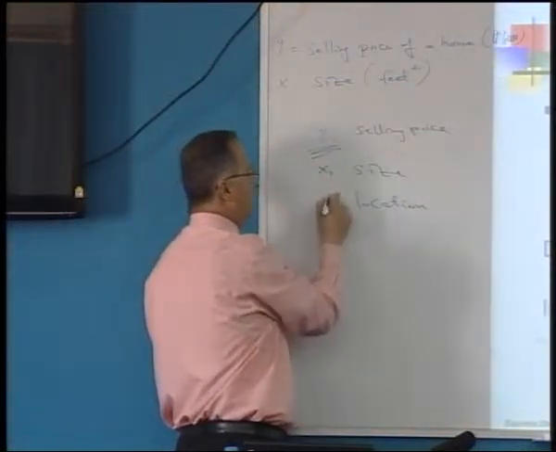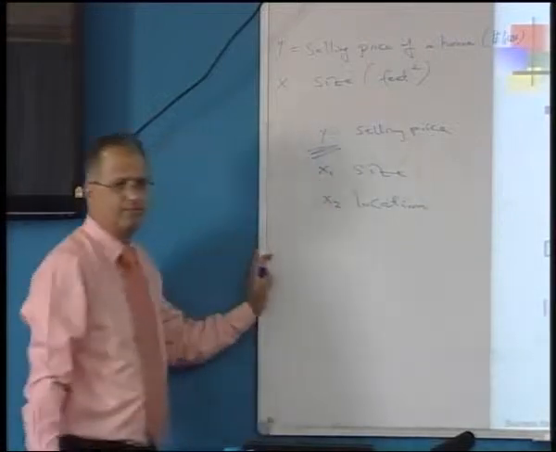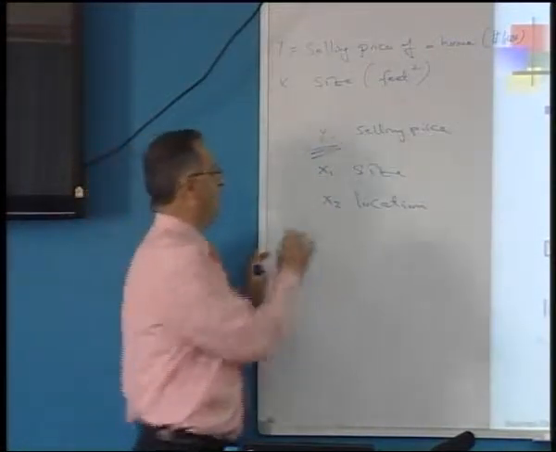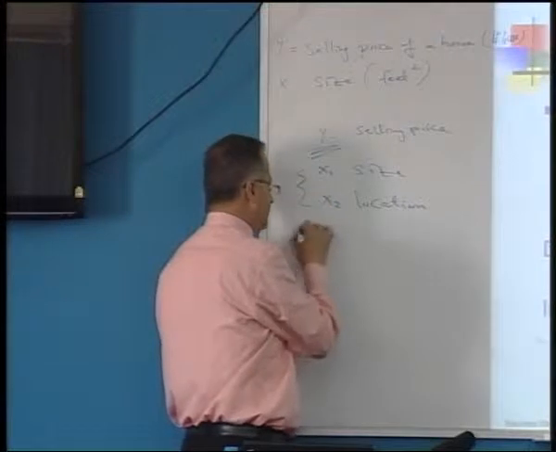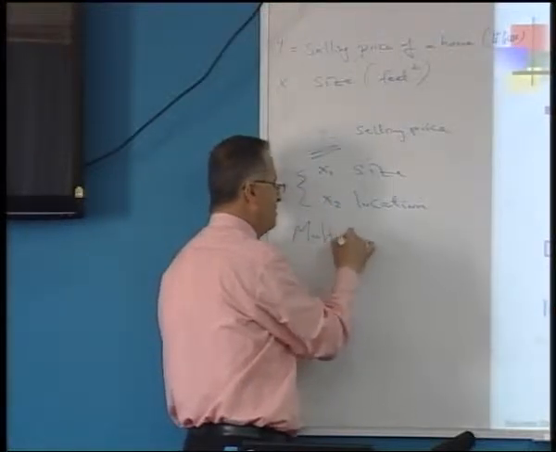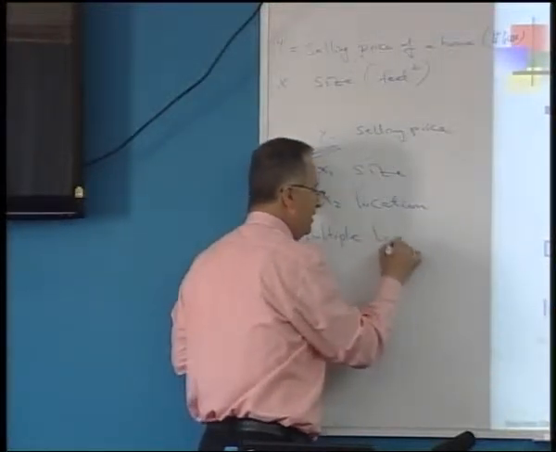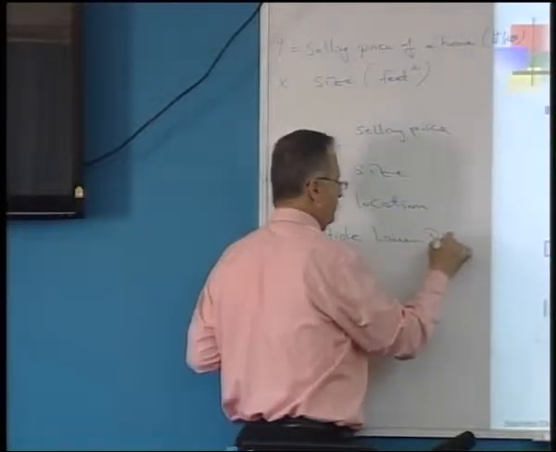So in this case, there are two variables. If there exists more than one variable, in this case we have something called multiple linear regression.